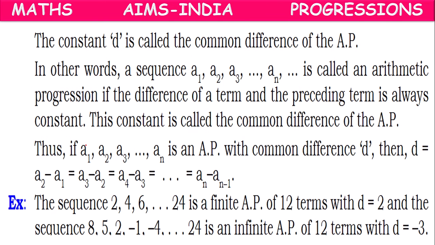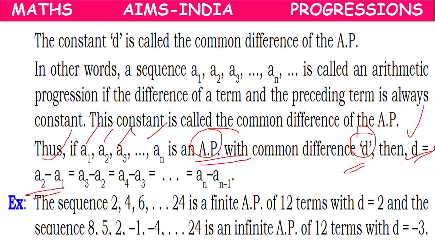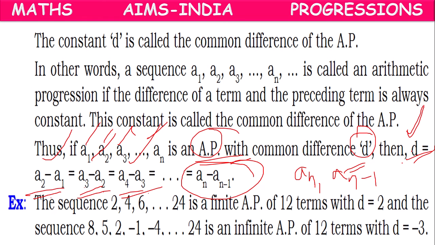So if A1, A2, A3, An are in AP with common difference D, then D can be written as A2 minus A1, or A3 minus A2, or A4 minus A3, or finally the difference of the last term An and its preceding term An minus 1. So the common difference can be written as the difference between any two consecutive terms.